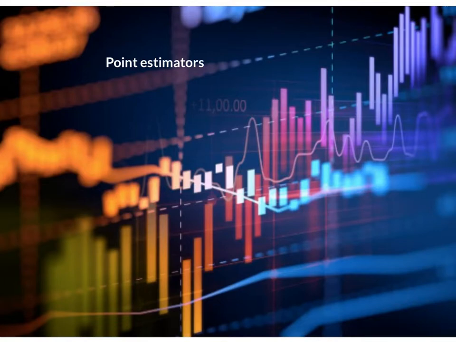Point estimation is the same, if you want, as shooting at a target in sports. The estimator, which generates the estimates, is analogous to a tool used, which can be, for example, an arrow.